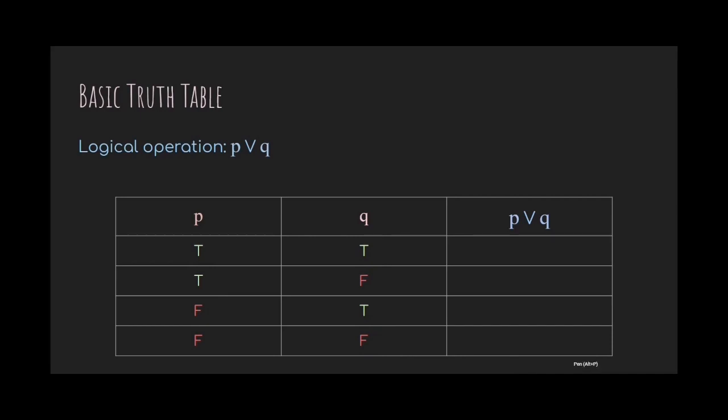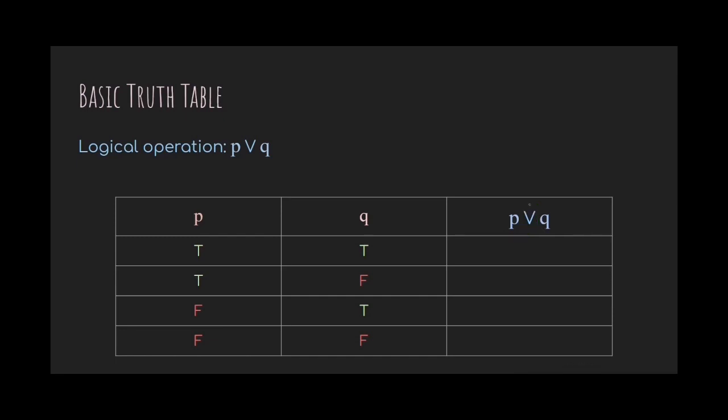So now, how do you use a truth table? How do you figure out the truth values that go in that column? First we need to look at the logical operator between the propositions. That's the or. That's the disjunction.